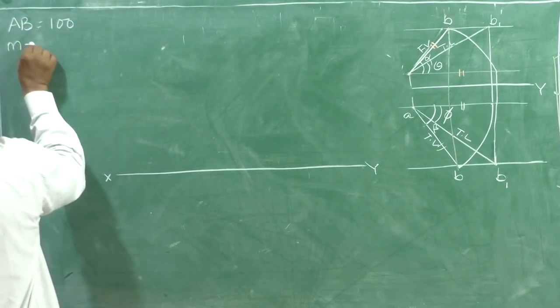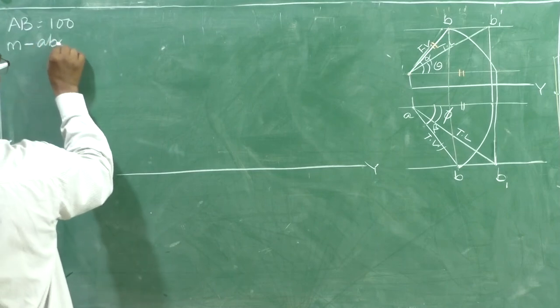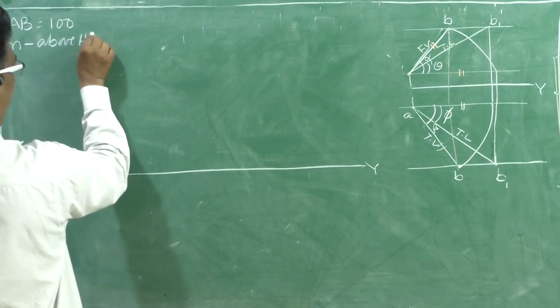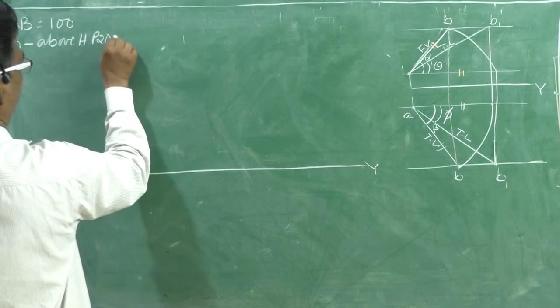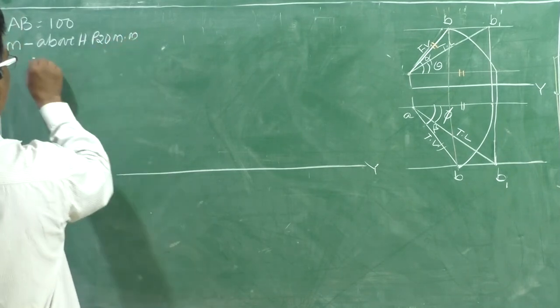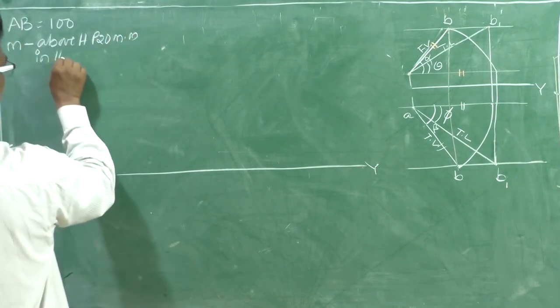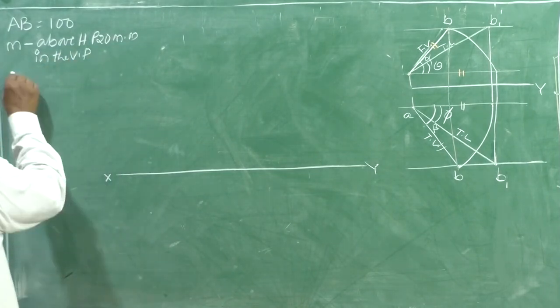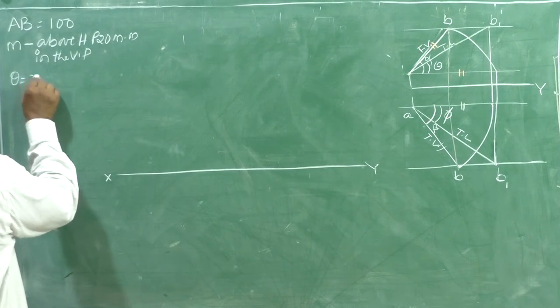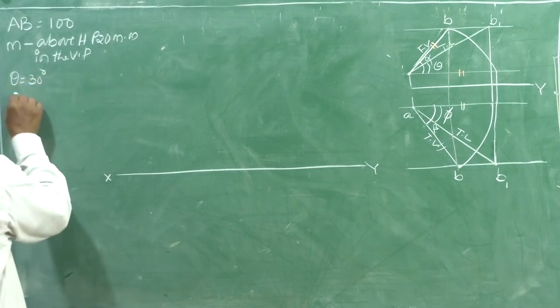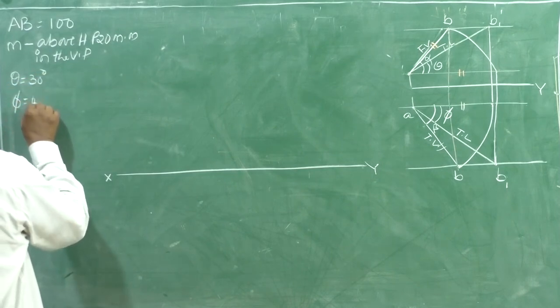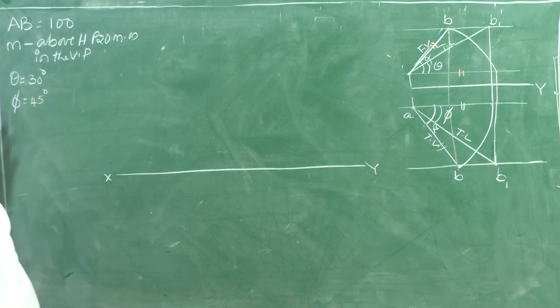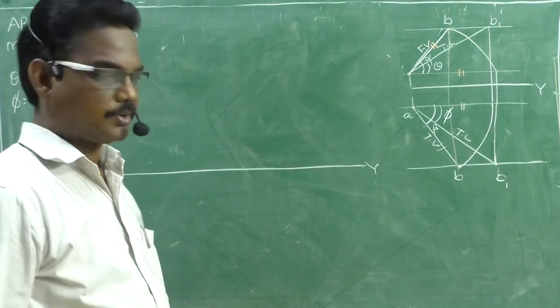Midpoint 20 mm above HP and in the VP. Theta equal to 30 degrees, inclination with HP. Phi equal to 45 degrees. These are the parameters given in the problem.